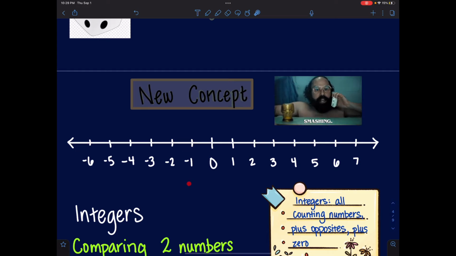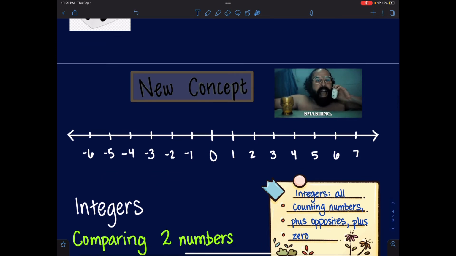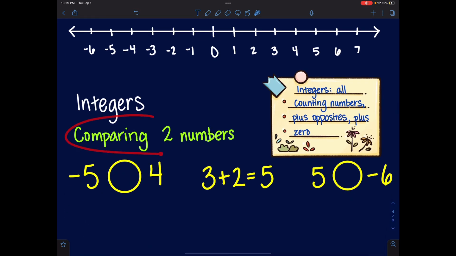It's kind of like digging a deeper hole, like in debt or something like that. So even though the absolute value of that number might be bigger, if it has a negative sign in front of it, or if it's to the left on the number line, that means it is less than anything on the right.